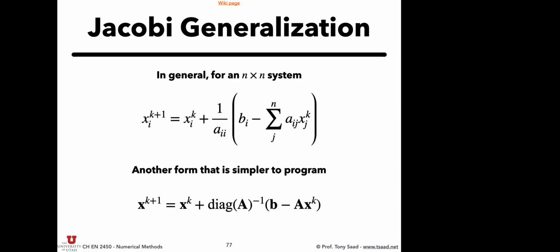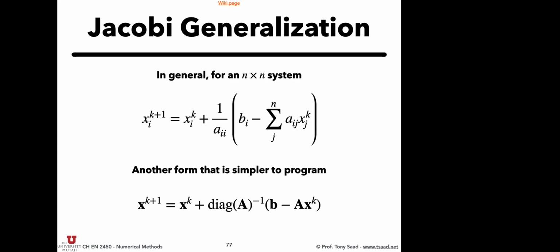Now, another simpler form which we might use, but this only applies to the Jacobi method, unfortunately, is this fully vectorized form, which is way simpler than having to write a for loop. We're going to adopt a for loop. So this first equation, you have to do it as a for loop, as you will see when I show you the code.